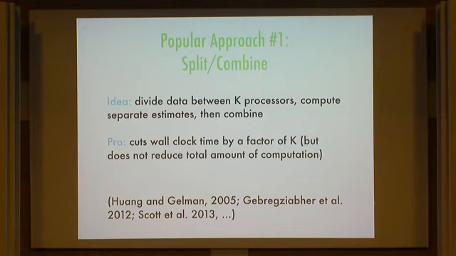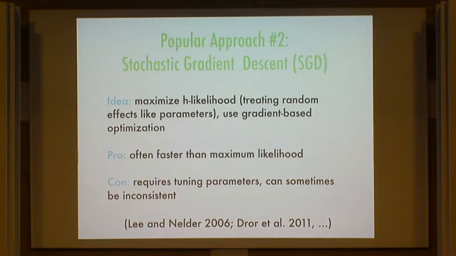I'll fit a separate model on these smaller data sets and then do some sort of parameter averaging. If you do this, it'll cut the amount of computation time by a factor of K, the number of processors. This does not reduce the total amount of computation, but it will often allow you to scale such a model to a larger data set. So I'm going to compare against this method later on.